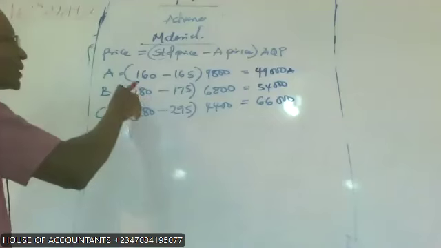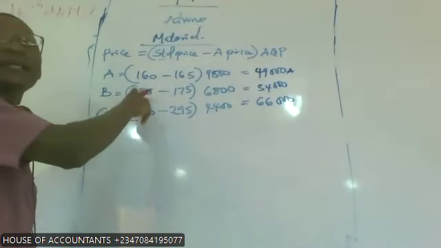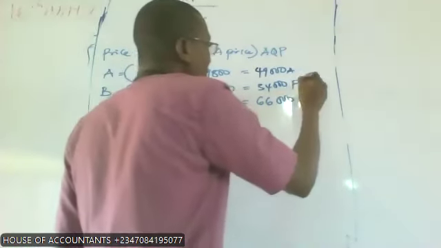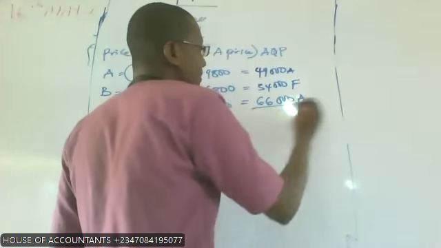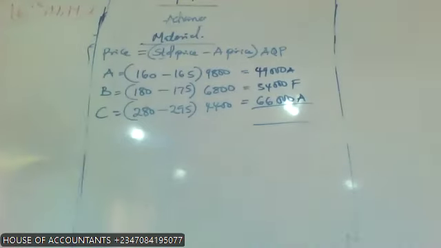This will be favorable because the actual is less. So favorable, and this one will be adverse because that one is bigger. The difference is what? 4,966 minus 34. 81,000.